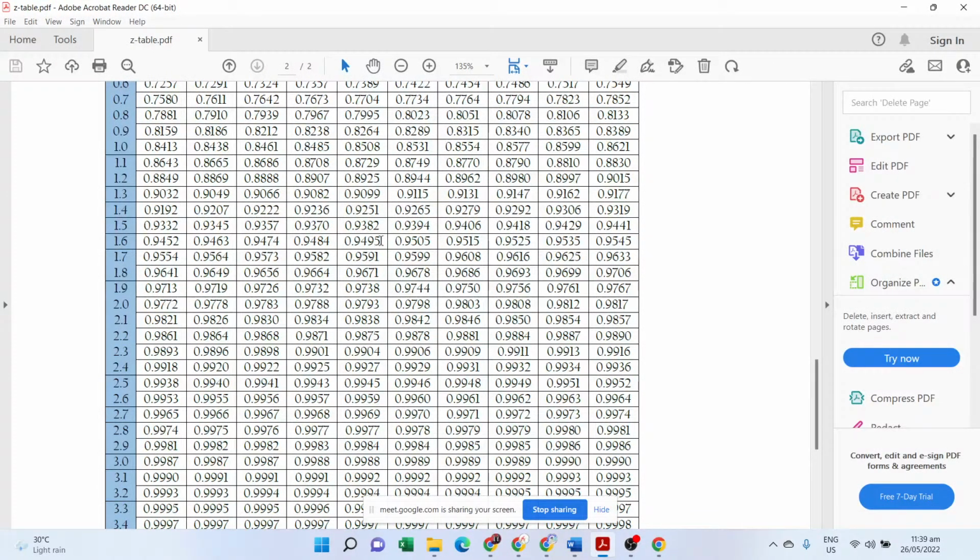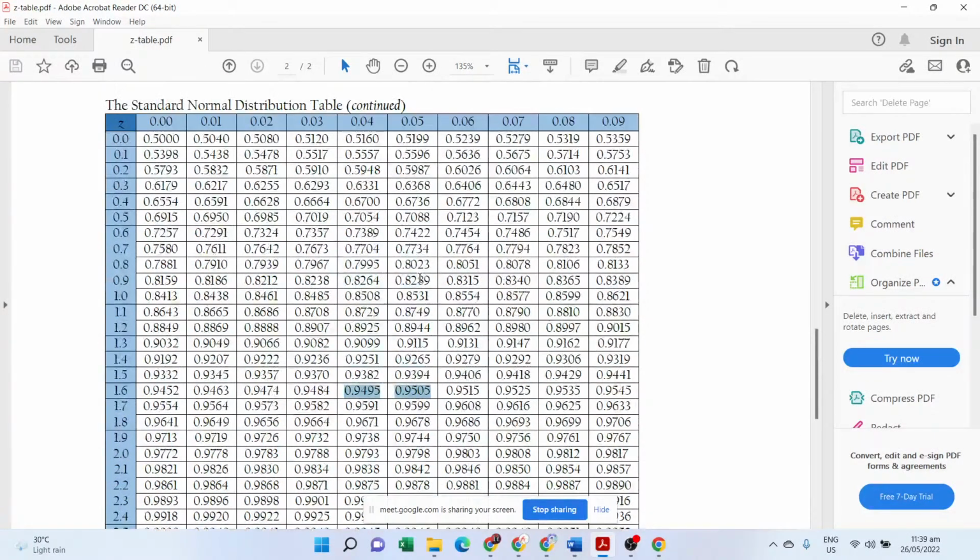It is between 0.9495 and 0.9505, yung 0.9500. And as we discussed, the interpolation, kung paano natin kukunin dito sa dalawa, anyway, i-round off natin yan to 2 decimal places. So, the Z value that we need is 1.6 plus 0.05.